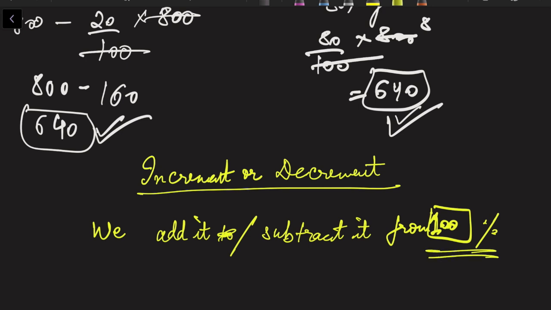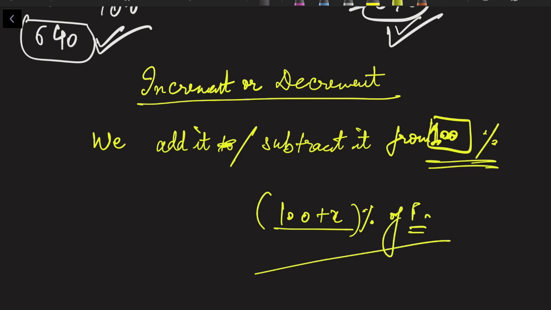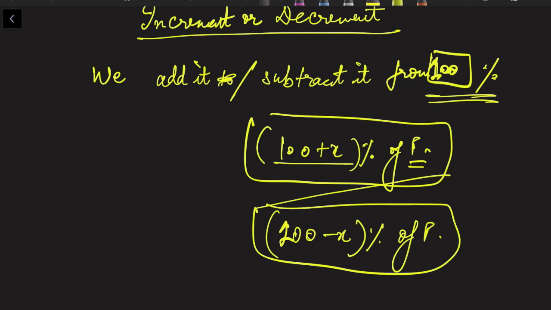That shall be the final value. So 100 plus x percent of p, where p is the initial value. And if there is a decrement, then 100 minus x percent of p shall be your final value. This is for increment and this is for decrement. So these are your final values.